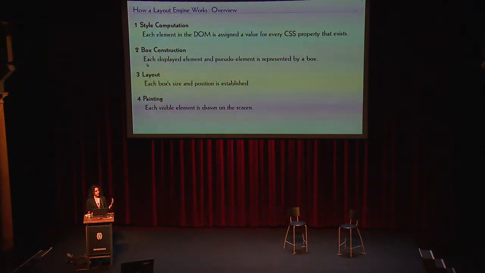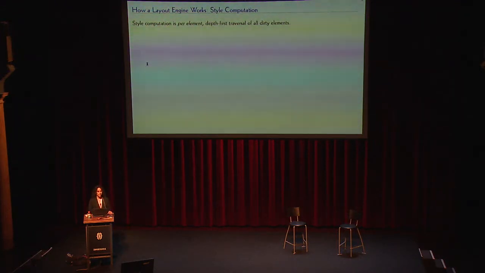And then in step 2, we construct the box tree, so that each element is represented by 0 or more boxes. In step 3, we actually do the layout, which is where we calculate the boxes' sizes and positions. And then in step 4, we draw the things on the screen. I don't know anything about step 4, so we're not going to talk about step 4. However, we can talk about some of the other stuff.